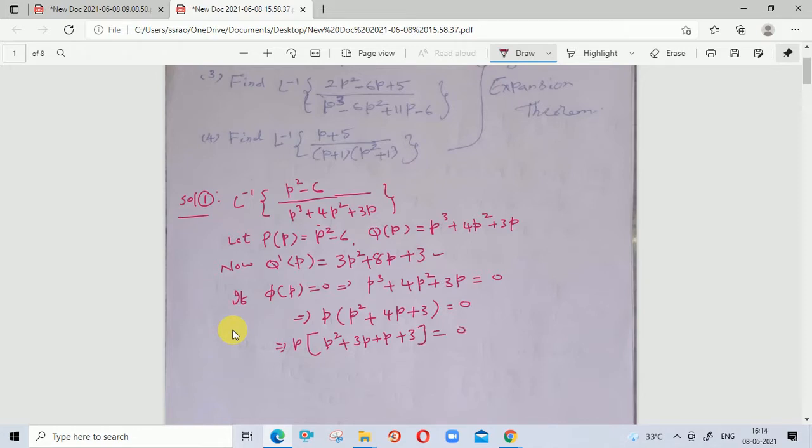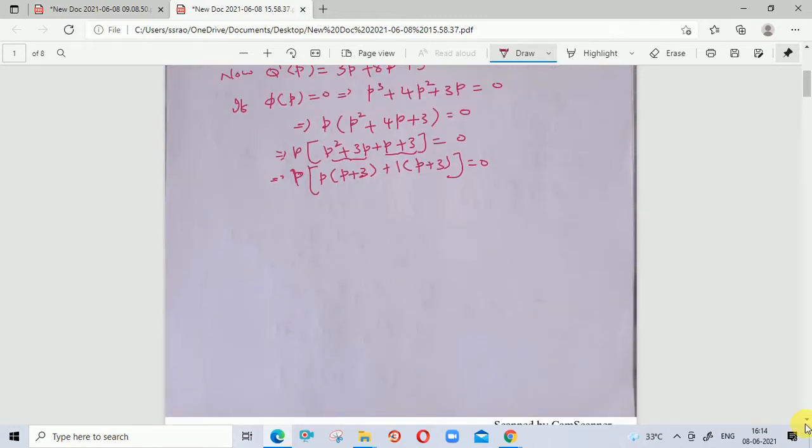That implies p into, ఇక్కడ p కామన్ తీస్తే p plus 3, plus 1 కామన్ తీస్తే ఇక్కడ p plus 3 ఉంటుంది, is equal to 0. p plus 3 కామన్ తీద్దాం. p into (p plus 3) into (p plus 1) is equal to 0.